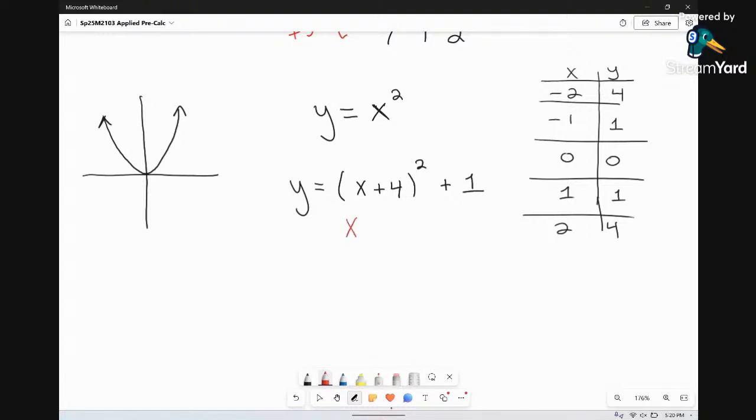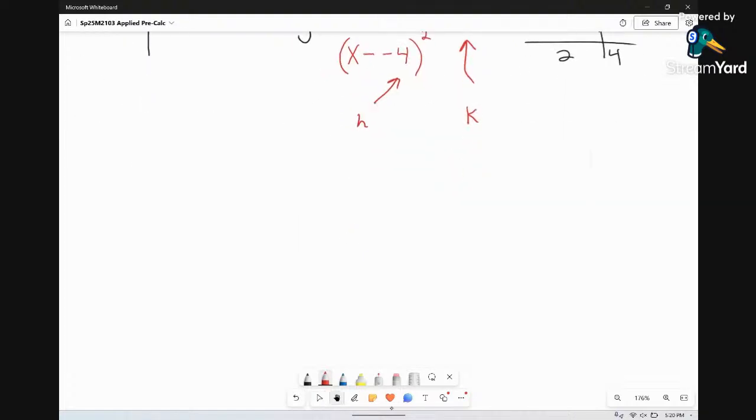Now, as I said, the main point of the night is transformations. If your brain is now seeing this as x minus a -4, excellent. This is your h value. This +1 is your k value. And that's your new vertex, like we do with the absolute value.